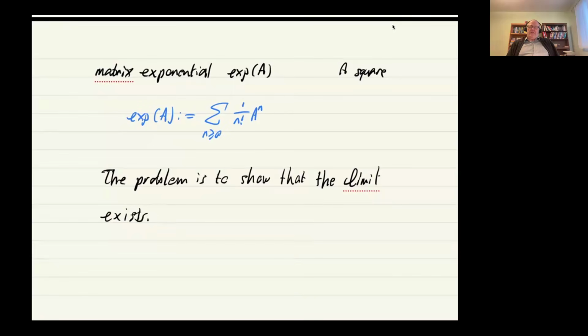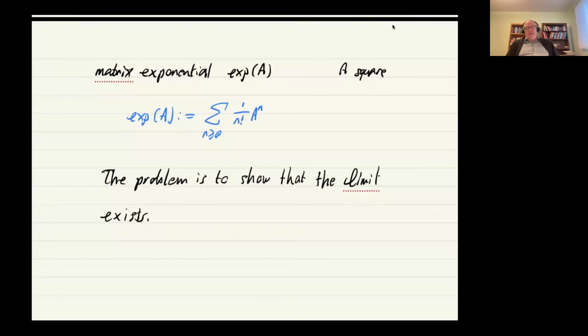Now, in their situation, life is more difficult because this matrix A is an operator, probably an operator on infinite-dimensional space, and it may not be continuous on the entire space. So there are all sorts of difficulties, but we're just looking at square n by n matrices over some field, say a field of characteristic 0, really.